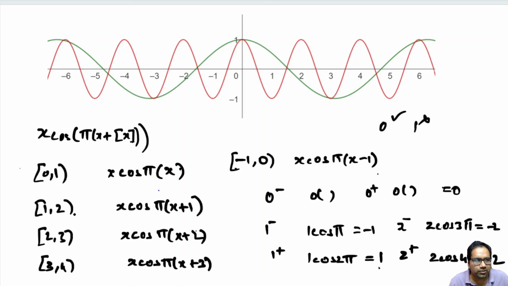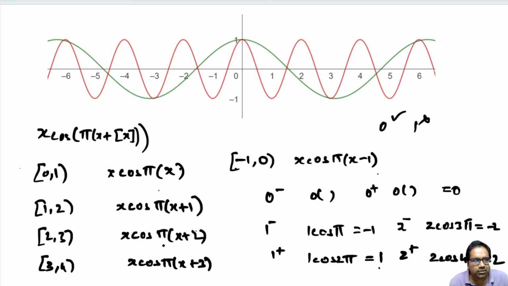What about 2? Approaching from the left, what do we get? 2 cos(π times 2) plus 1, that is 2 cos(3π). Cos(3π) is -1, so 2 times -1 is -2.